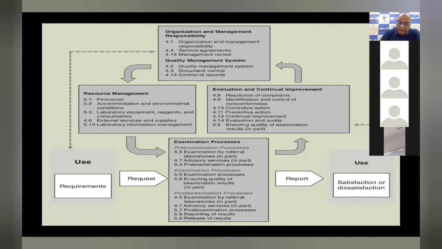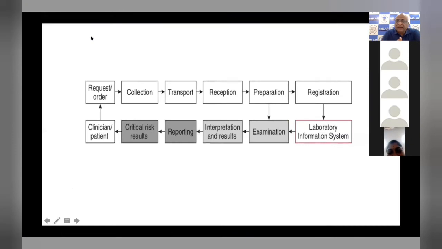Now see, if you visualize our laboratory, I think every laboratory is receiving requests, then collecting samples, then transporting samples, and then samples are received in the laboratory. Then they prepare aliquots and send these aliquots to the different sections.